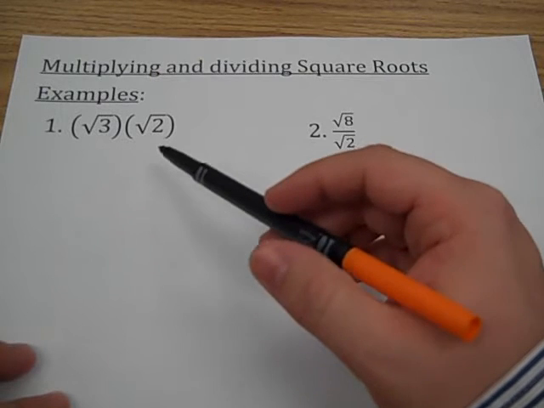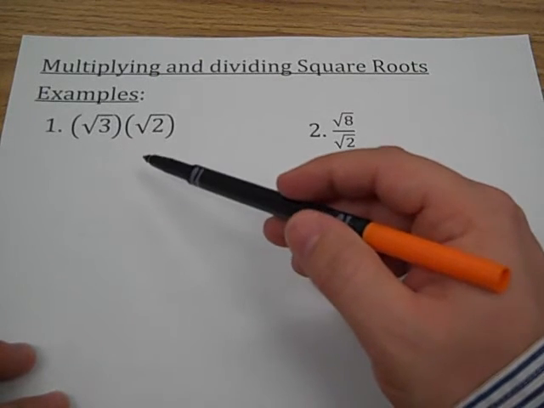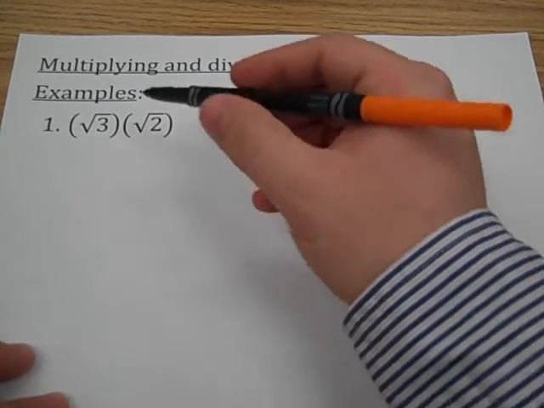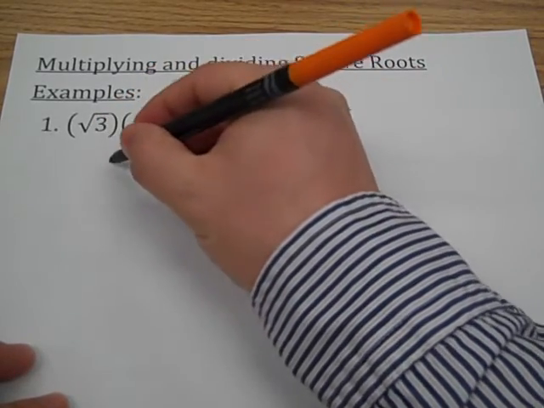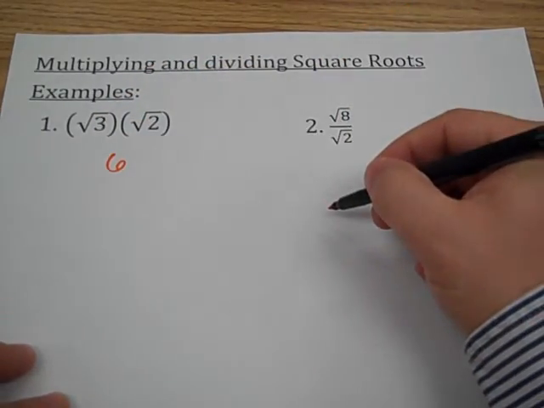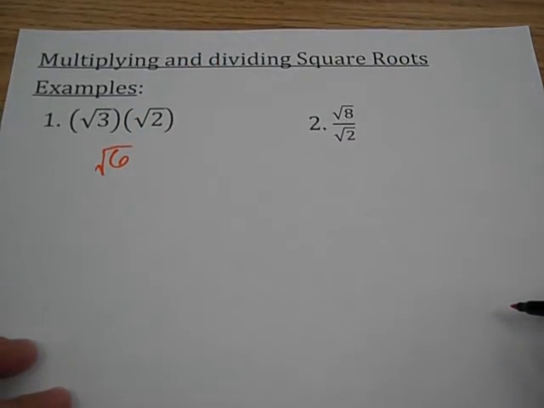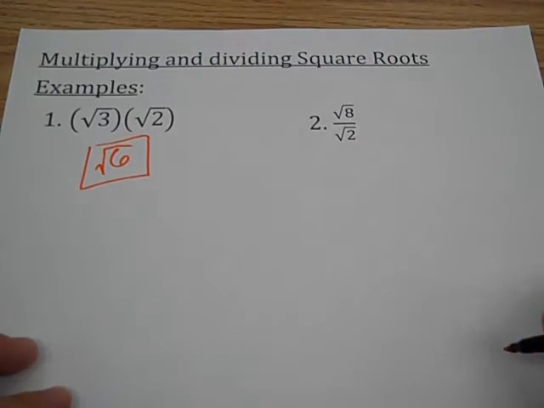And instead of saying square root, I'm going to often say root. It's just easier to say. So if I want to multiply two roots, I can just multiply the numbers that are underneath the symbol. So 3 times 2 gives me 6, and then I keep that underneath the square root symbol. And that's that. Square root of 3 times the square root of 2 is root 6.